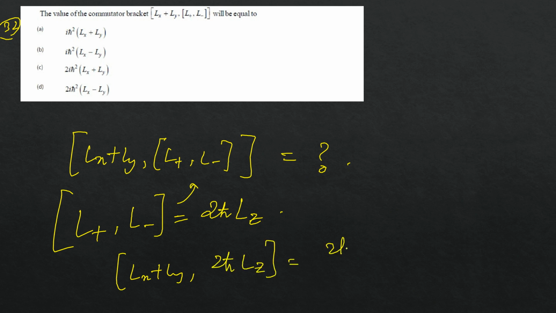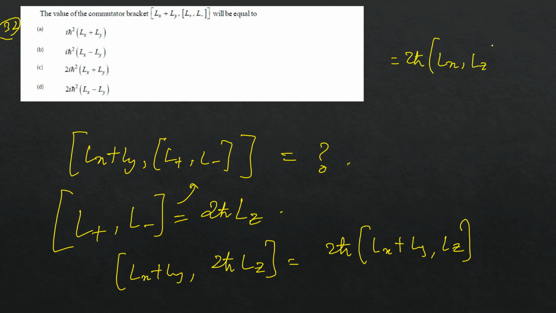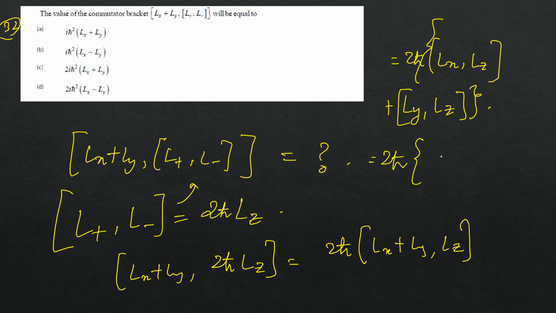I will take 2ħ out: (Lx + Ly) Lz. So I can do this as the whole bracket [Lx, Lz] plus [Ly, Lz]. So 2ħ [Lx, Lz] is how much? It is -iħ Ly, because xz is in the opposite order, so minus.